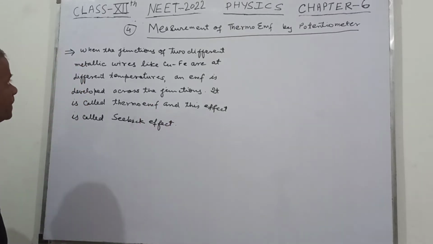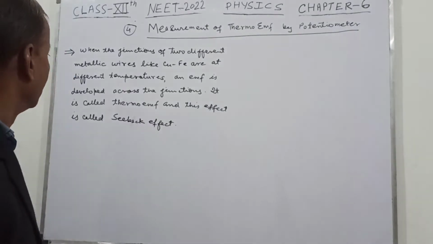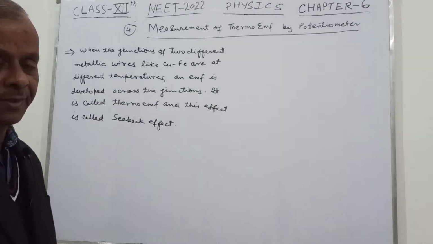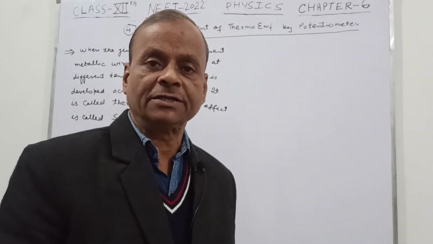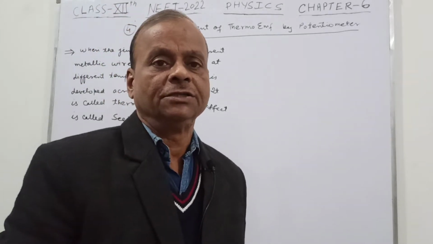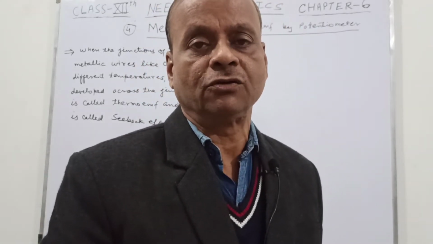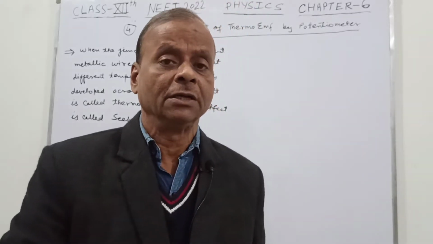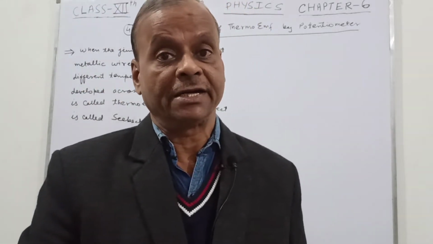When the junctions of two different metallic wires like copper iron are at different temperatures, an EMF is developed across the junctions. It is called the thermo EMF, and this effect is called the Seebeck effect. This effect was first discovered by Seebeck, so after his name it is called the Seebeck effect.